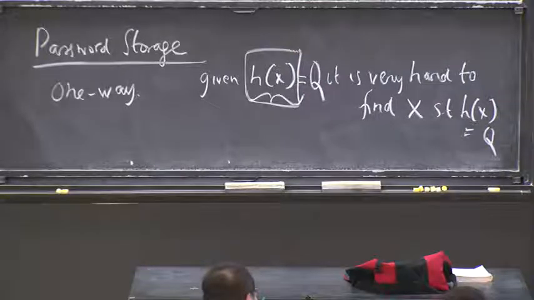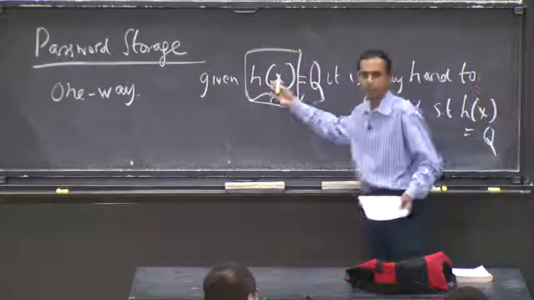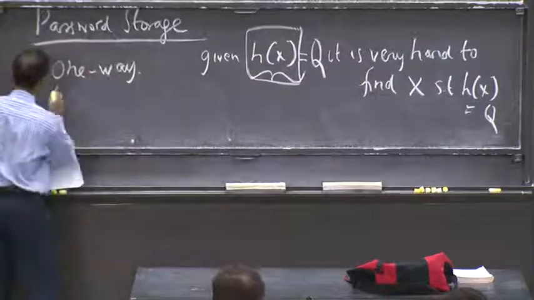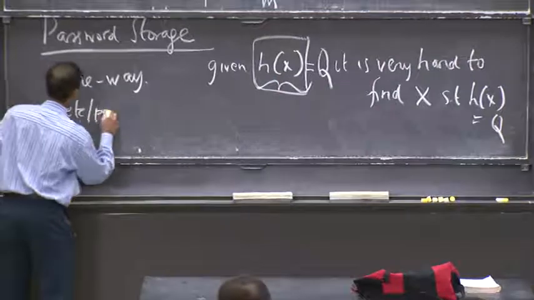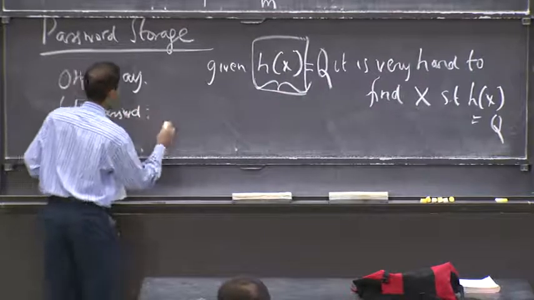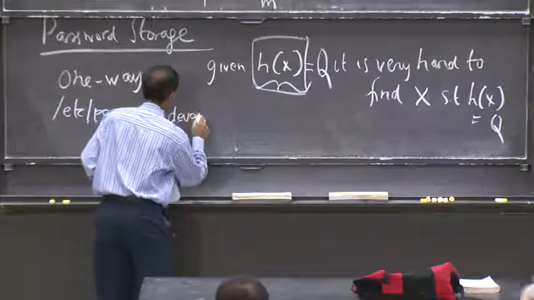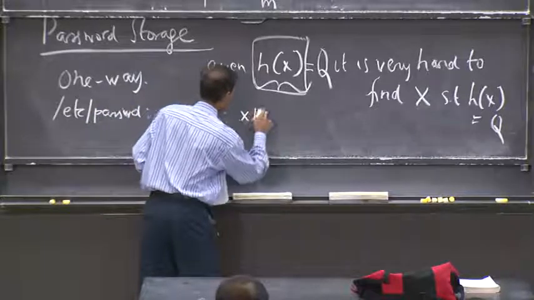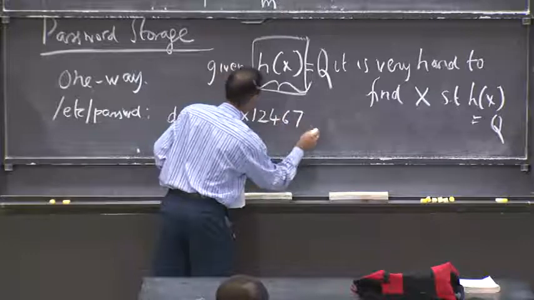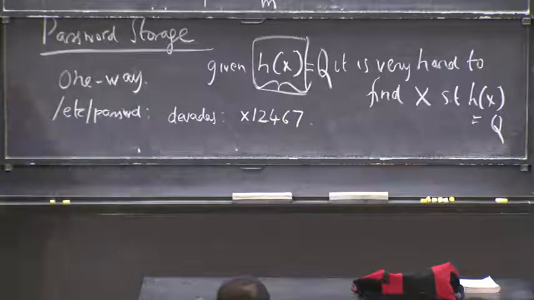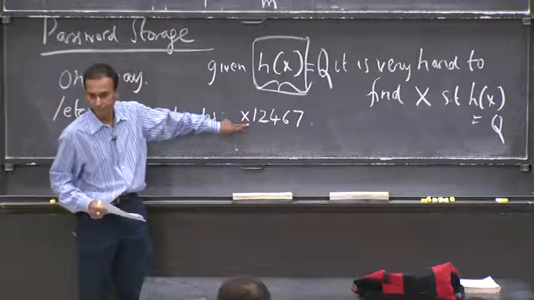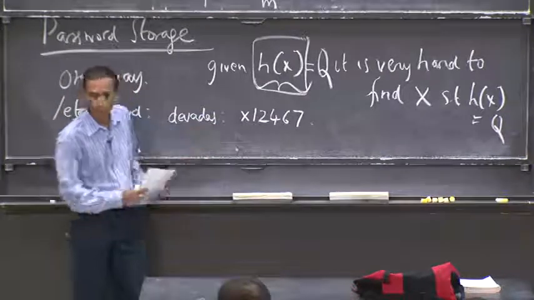Well, it's beautiful. Assuming you have this one-way cryptographic hash, in your /etc/password file you have something like the login name, Devadas, followed by what happens to be the hash of my daughter's first name. That is what's stored in there, and the same thing for a bunch of different users.